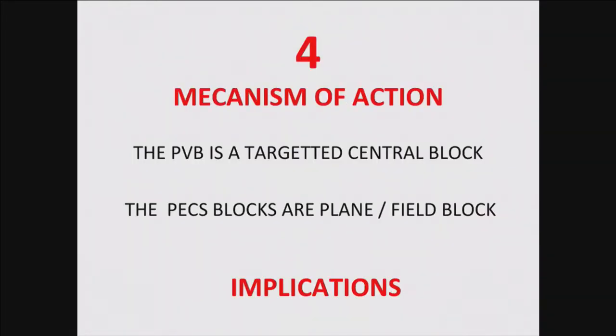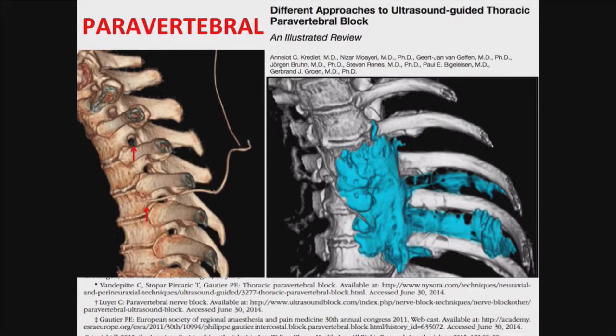So the paravertebral block is a target central block, while the PEC blocks are plain field blocks. And that's the reason why the PEC blocks are so easy. So for the paravertebral block, different techniques have been described, and different techniques are possible.